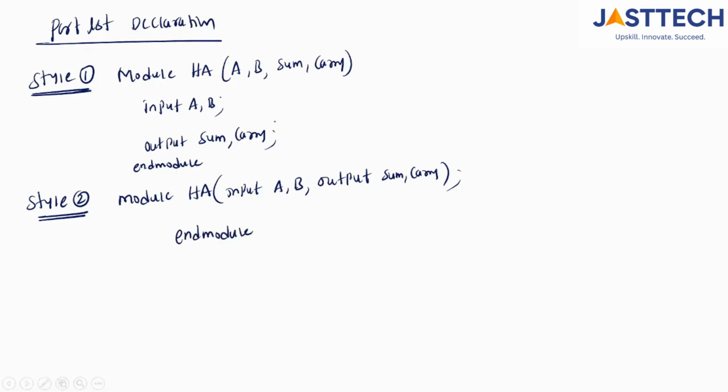So these are the two styles of representing. Is it fine? Mainly we are using style 2 only, because with style 1 the code length will increase, no? So style 2 only, we represent within the bracket itself.